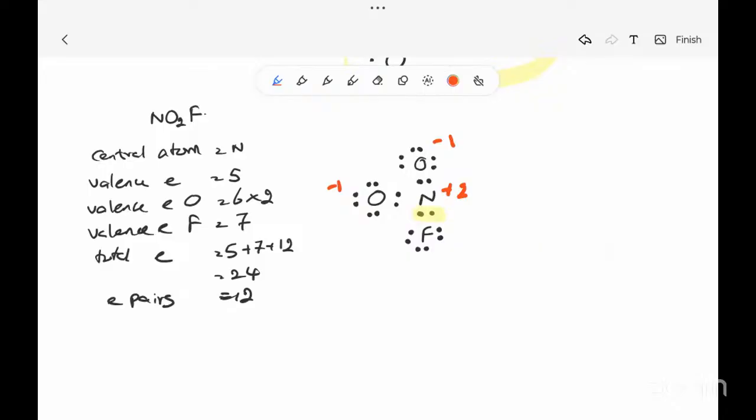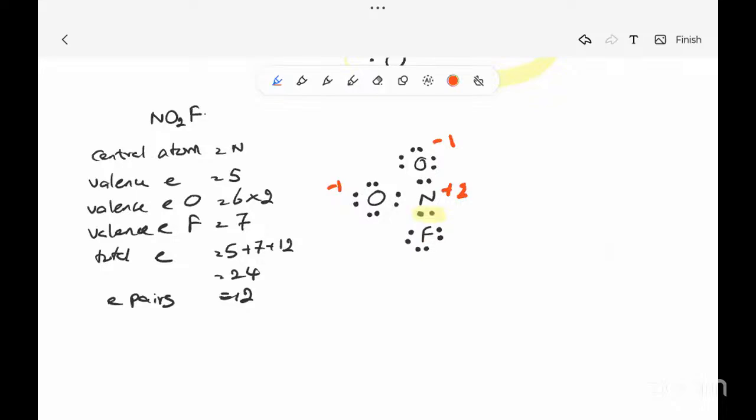Then let's try to complete the electron octet while reducing the formal charge. Now nitrogen already has 6 electrons around. So we need only one electron pair sharing between nitrogen and oxygen, right?